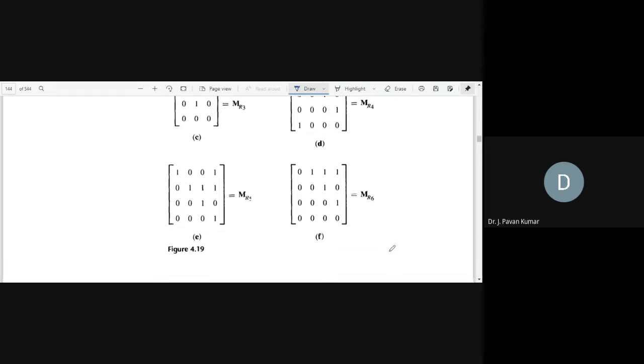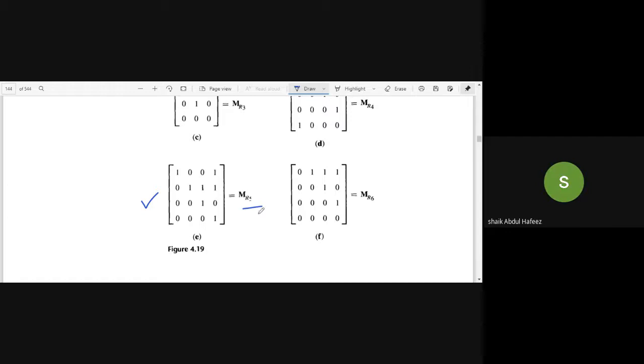Is this a symmetric relation or not? MR5. No, sir. Why?